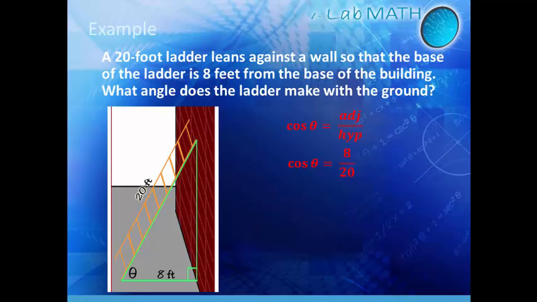Cosine theta equals 8 over 20, and theta equals inverse cosine of the quotient 8 over 20. Theta then equals approximately 66.42 degrees.